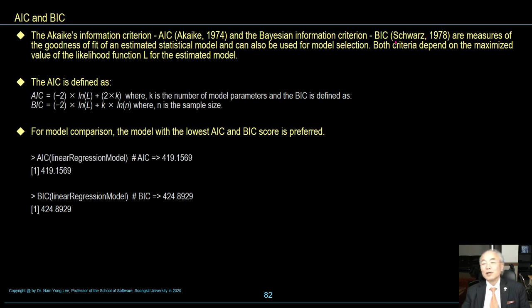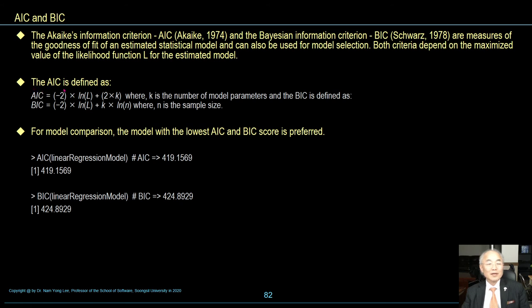AIC and BIC are measures of the goodness of fit of an estimated statistical model, and can also be used for model selection. Both criteria depend on the maximized value of the likelihood function for the estimated model.